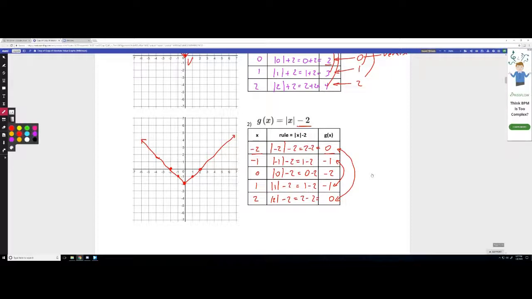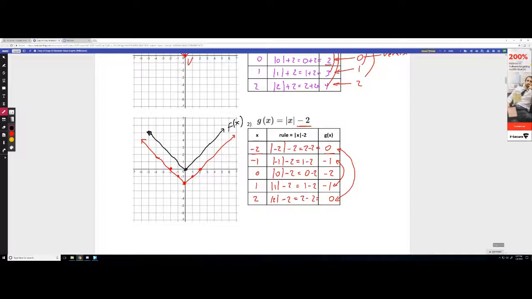Now, if we compared it to our parent function, let me go ahead and graph the parent function, good old f of x. We start at 0, comma 0, go up 1 over 1, right? And then start at 0, 0, and then go left up 1 over 1. Of course, we're going backwards, so technically it's down 1 over 1. But if you notice that V, what changed?